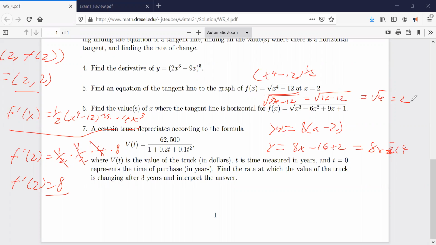Okay, so you don't do the derivative yet. You just plug it in. Yeah, when you find the point for the tangent line, you do that in the original f, not in the derivative. Okay, thank you.